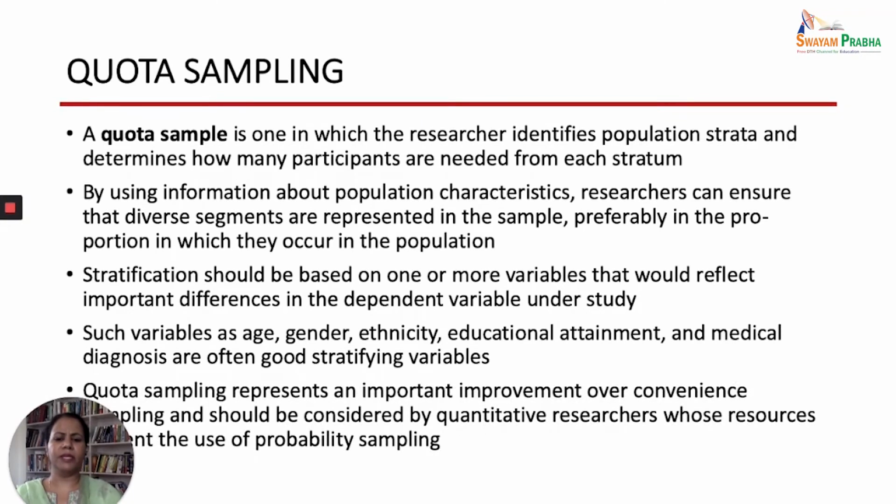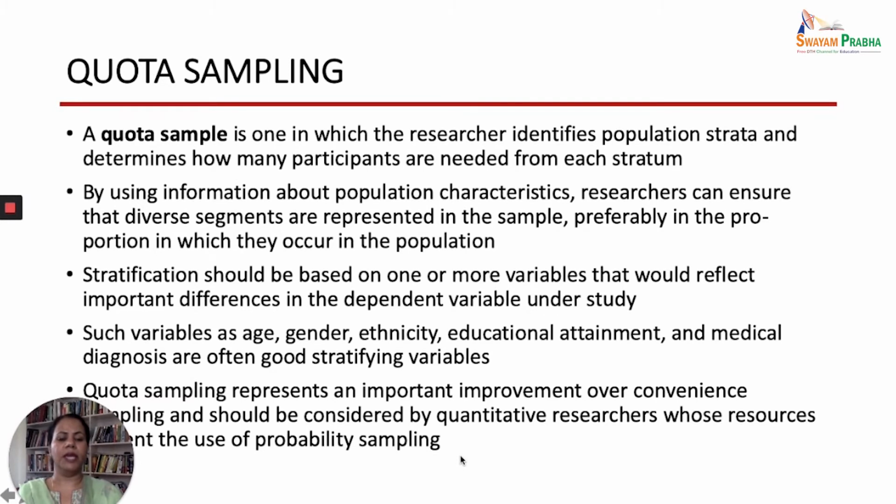Quota sampling represents an important improvement over convenience sampling. It is a better type of sampling design than convenience sampling, because here the representation of each group is there, and it should be considered by quantitative researchers whose resources constrain the use of probability sampling.